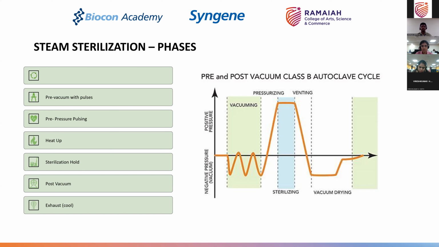I have brought in that example so that I can demonstrate the different conditions at which F0, D, and Z values are achieved. And of course, Geobacillus stearothermophilus is our hero, which we will use as a biological indicator for our calculations in the pharma industry.